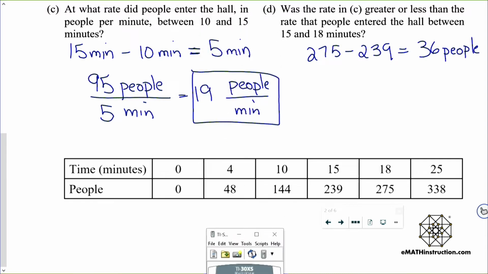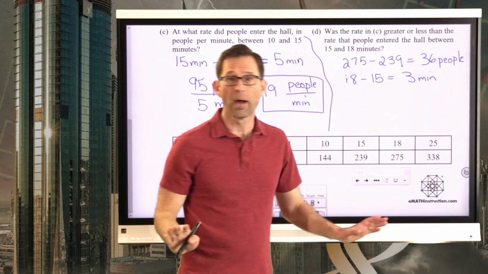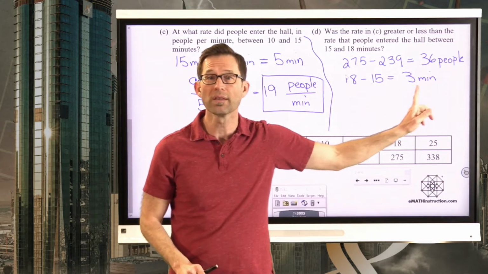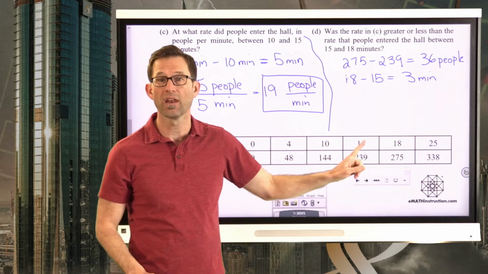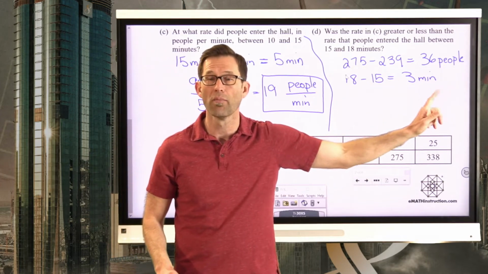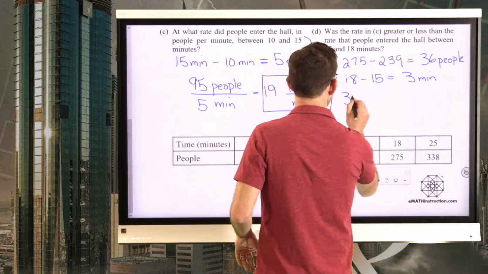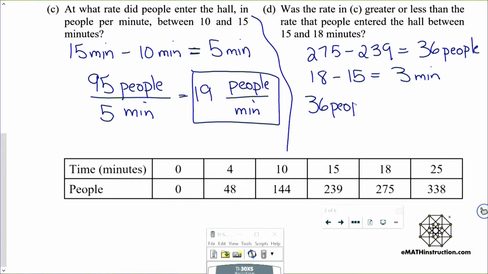And of course, the amount of time that went by, not that I really need to do the subtraction here, is going to be 3 minutes. So again, think about this. 36 people entered the hallway in 3 minutes of time. Between 15 and 18 minutes, 3 minutes go by. 36 people came in. So the rate was 36 people per 3 minutes.